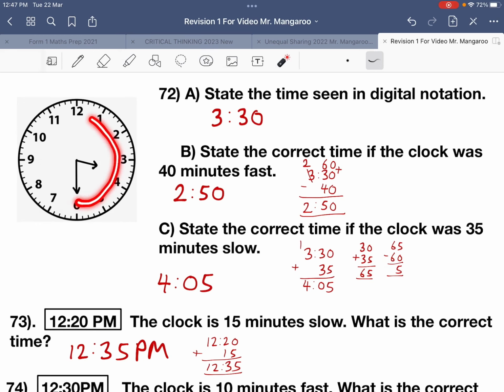Minutes to hours, we divide by 60. So we get 1, remainder 15. 15 over 60 is the same as a quarter. If we reduce this, we get a quarter. So 75 minutes is really 60 plus 15, which is 1 hour plus a quarter of an hour.